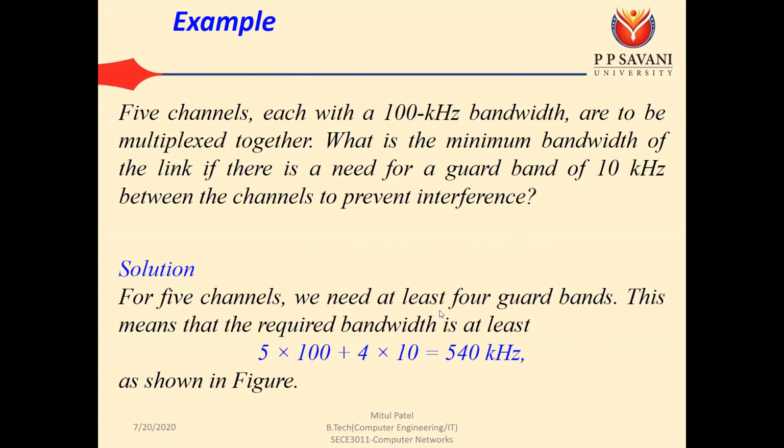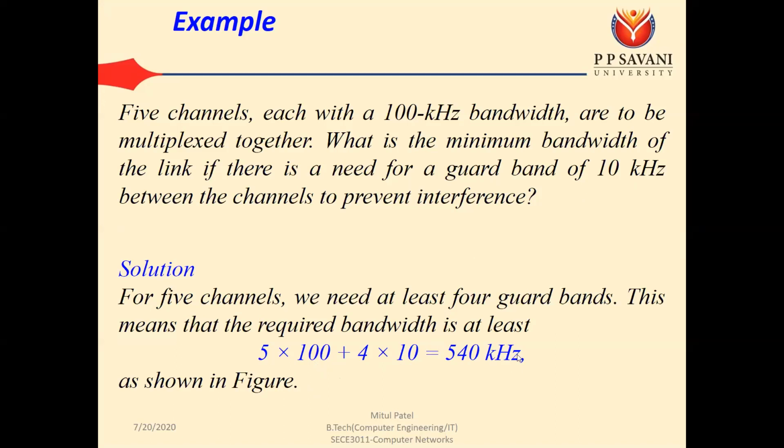So we require a total of 4 guard bands, and the range of each guard band is 10 kilohertz. So in total we require 40 kilohertz for the guard bands and 500 kilohertz for the channels. So the total requirement of the link is 540 kilohertz.